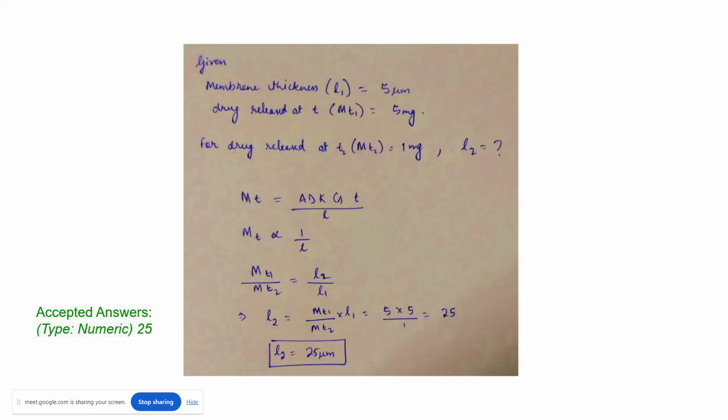Let's look at the answer. So here this equation will be used: Mt equals A T K Cs, T by L, where T is the time, L is the thickness and M is the drug concentration.